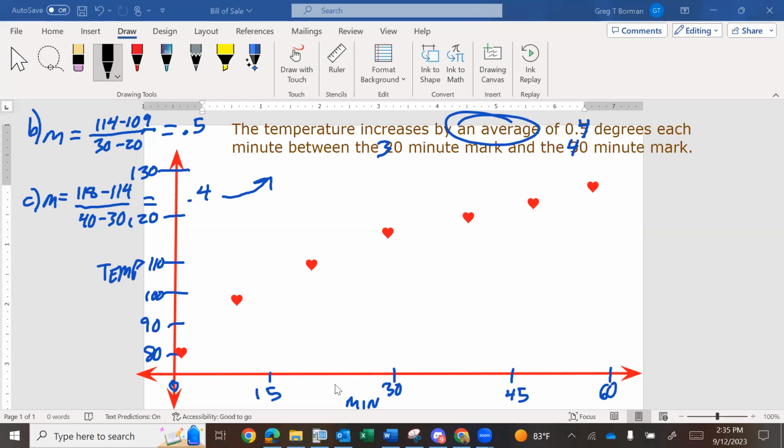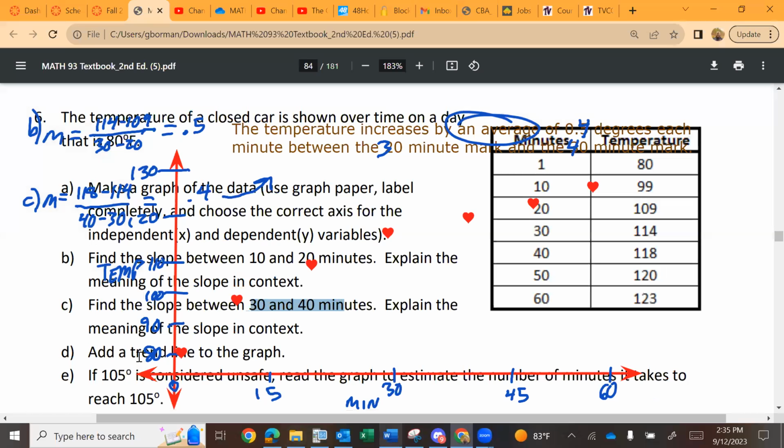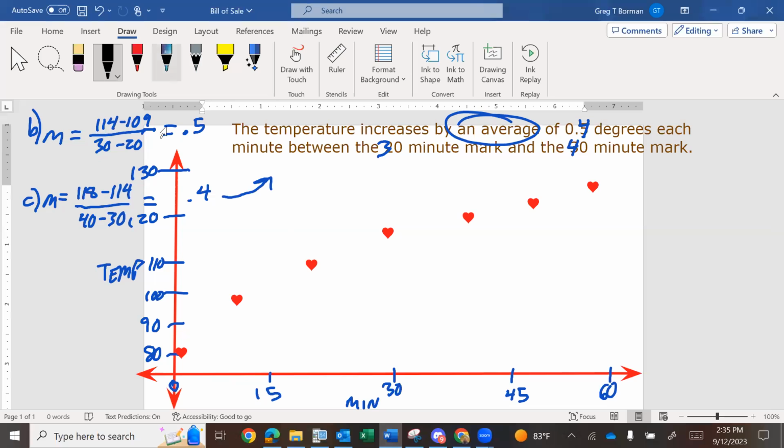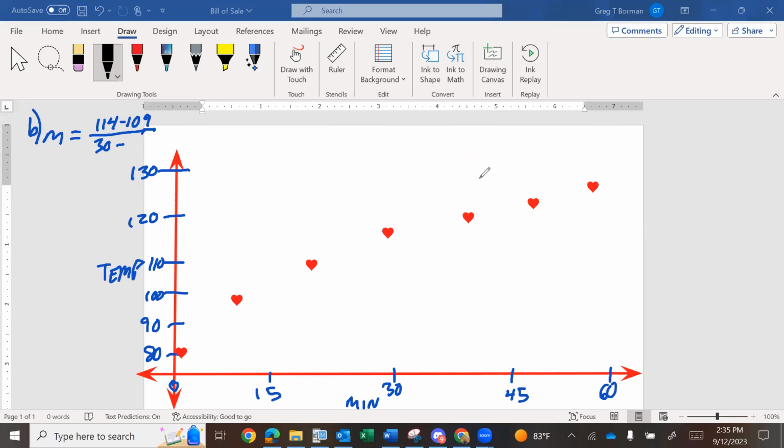All right. Now let's go back to the problem. Part D: add a trend line to the graph. All that means is I just draw it the best I can. But first let's clean this up just a wee bit. There.